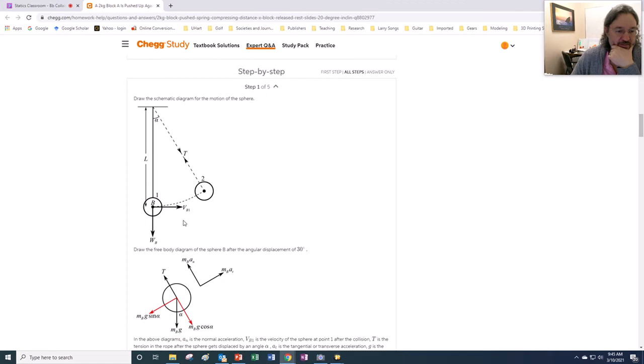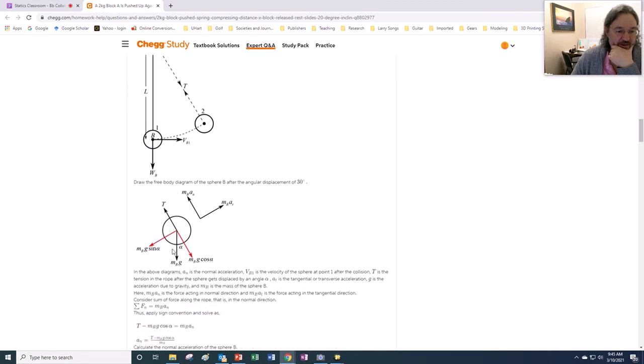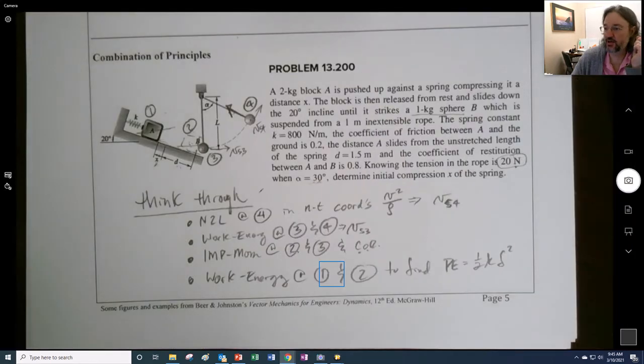So here's the step by step. They also didn't draw their inertial body diagram. They decided to use this old style of things where they reverse the direction of the inertial forces. It's called D'Alembert's principle, and it's one of the ways that I learned dynamics. But it's much better to learn dynamics using the inertial body diagram.